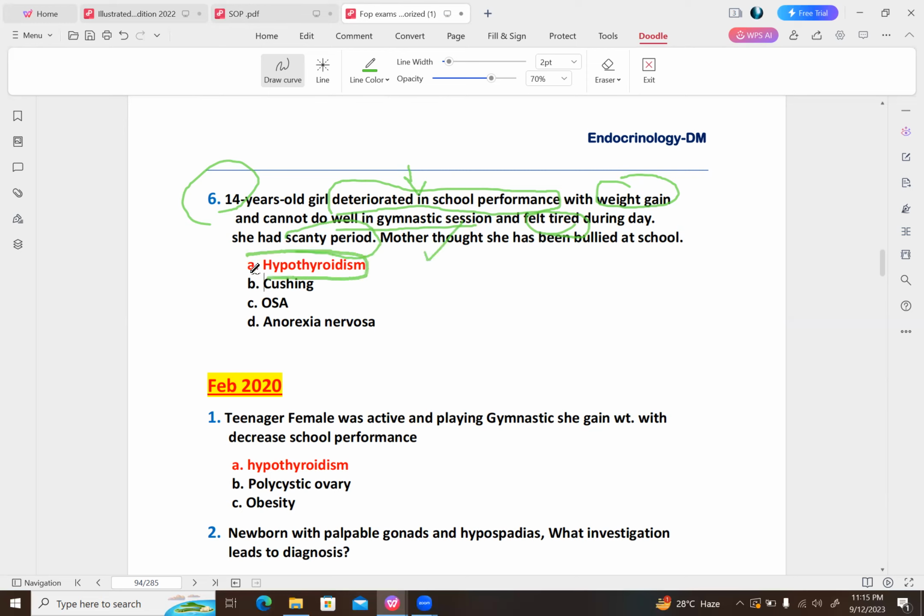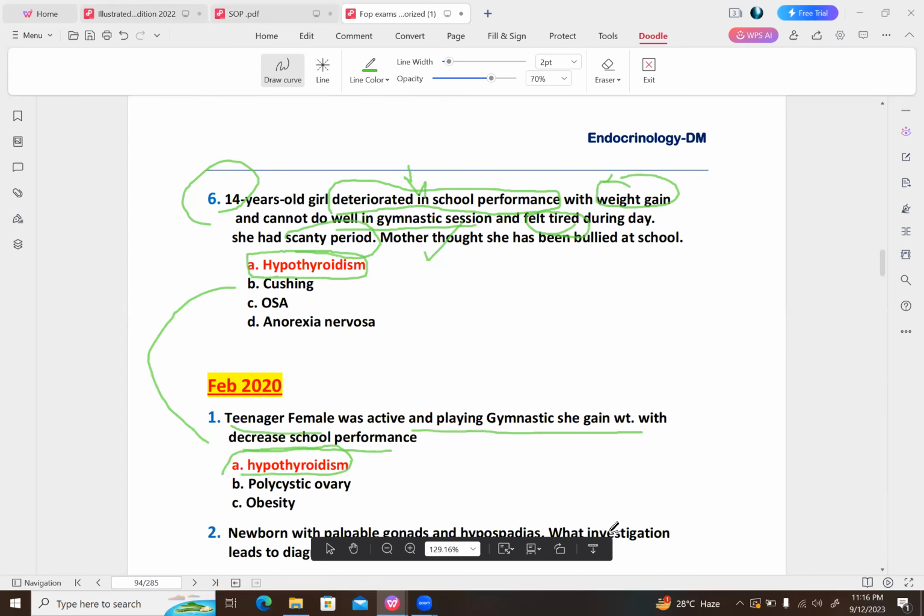Because in hypothyroid we have decreased school performance, weight gain, constipation, oligomenorrhea, intolerance to cold, and feeling tired. These are all the signs and symptoms of hypothyroid. Another teenage girl who is active and playing gymnastics gained weight with decreased skill performance, and this will again be hypothyroidism. Both scenarios are similar.